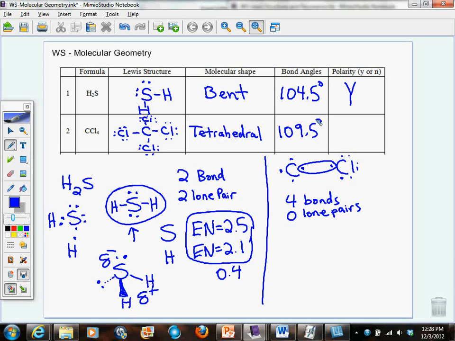And then we ask ourselves, is this a polar or nonpolar molecule? Well, you notice there's no lone pairs on this. The carbon is bonded to chlorines. It's a very symmetrical molecule. All of the elements that carbon is bonded to are chlorine. So the electronegativity differences will cancel each other out with this symmetry. So that is definitely a non-polar molecule.